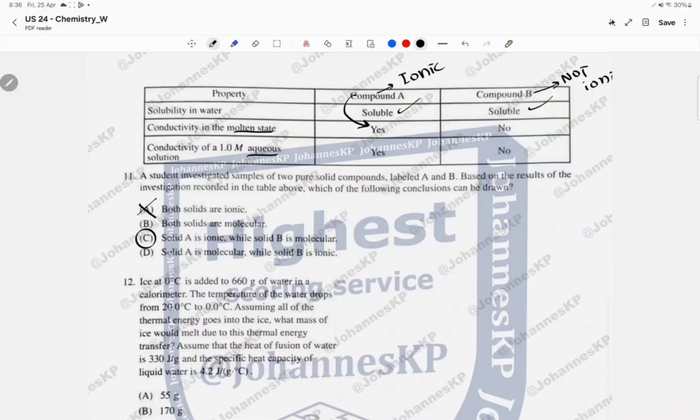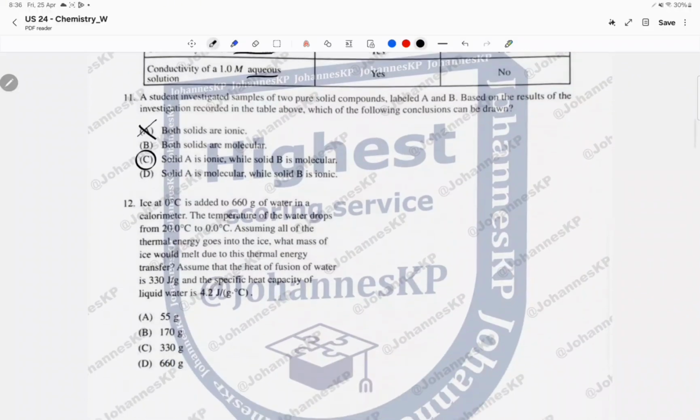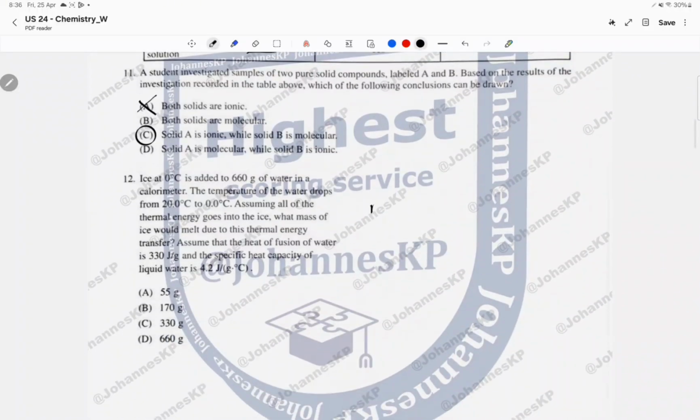Ice at 0 Celsius is added to 660 grams of water in a calorimeter. The temperature of the water drops. So we're going to say mc delta T of the water, which is the hotter object, you must put negative on it, is equal to the mass of the ice times the heat of fusion of the ice, because the ice is basically melting.